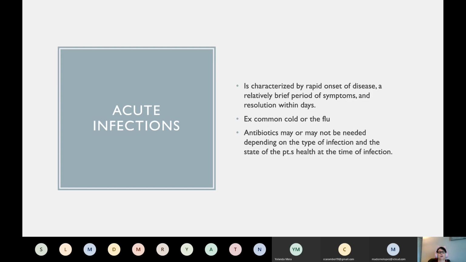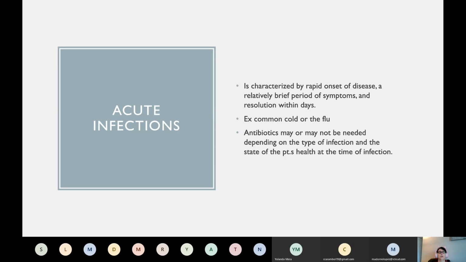Okay? So the flu, cold, bronchitis, different things. We think of those all along the lines because it's a rapid onset, out of nowhere kind of thing. So it's acute.